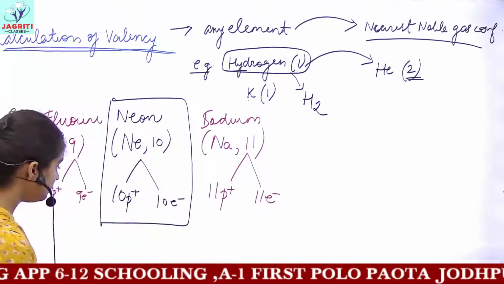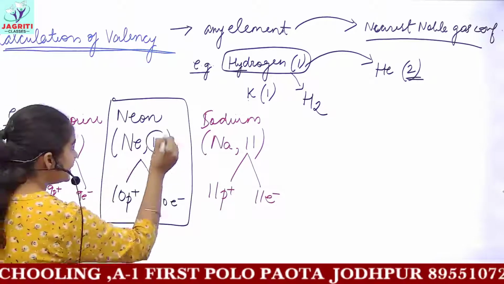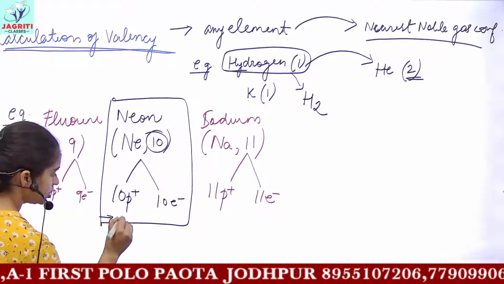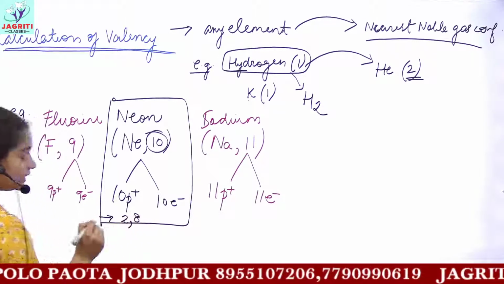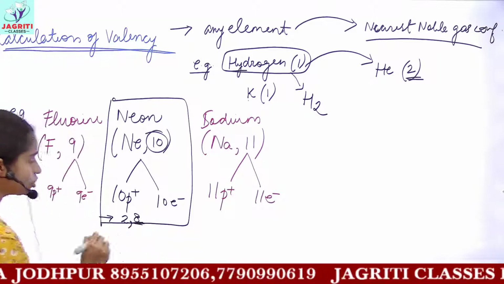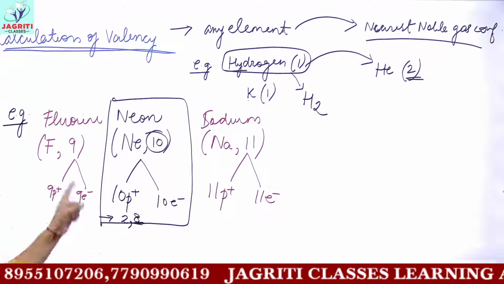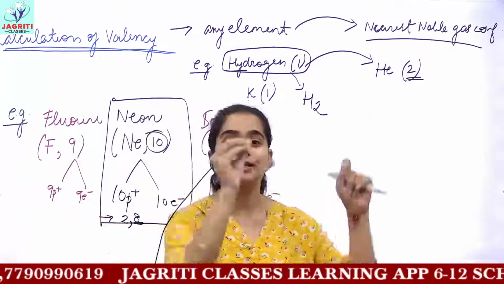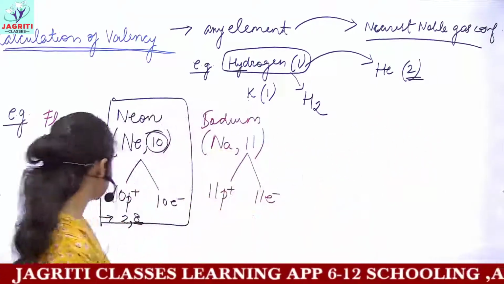Now if I try to write their electronic configuration, these 10 electrons are arranged, as we have discussed previously, as 2 electrons in the K shell and the remaining 8 electrons in the L shell. Now the outermost shell contains 8 electrons, so neon is stable according to the octet rule, and because it is stable, it is kept in the column of inert gases or the noble gases.